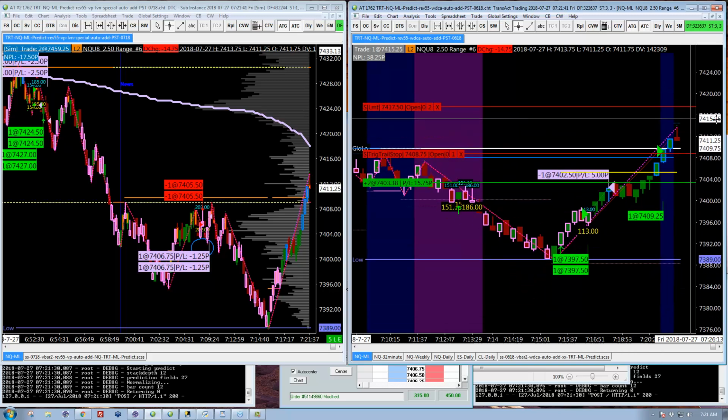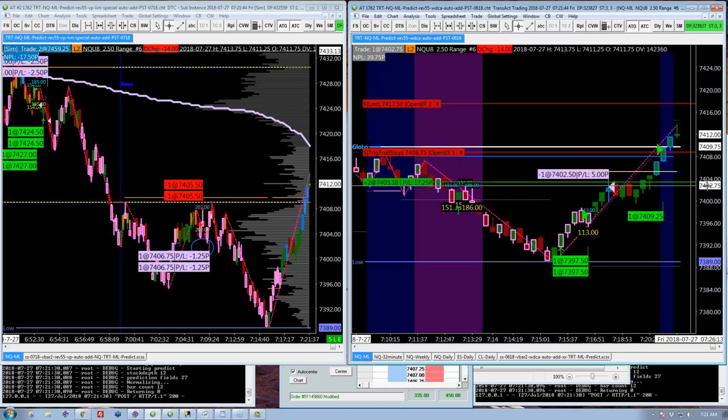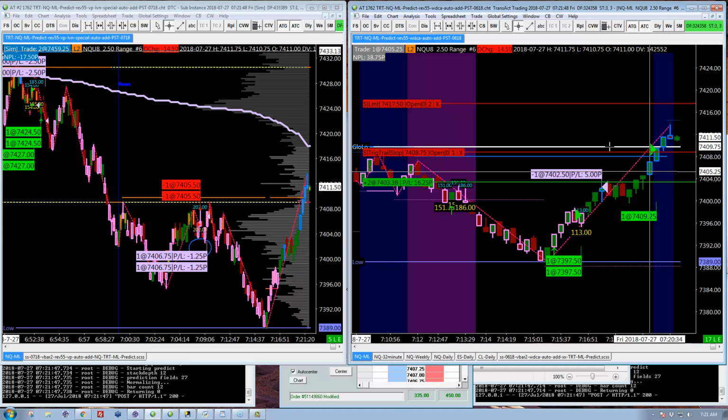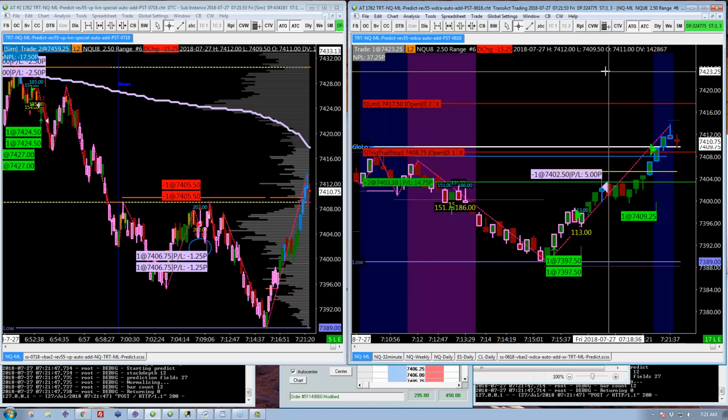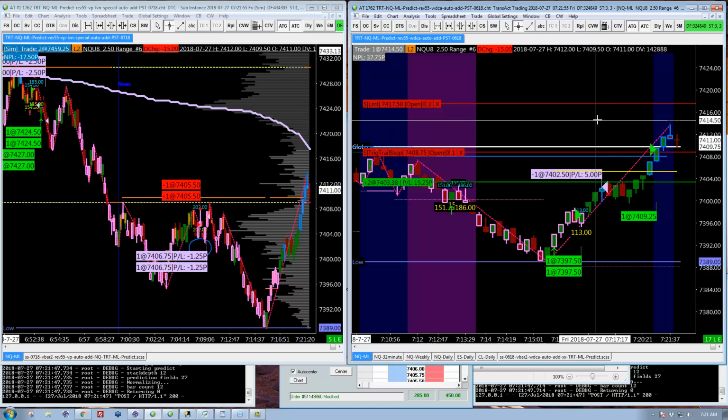And the target, this is interesting because the target doesn't actually move correctly on the first add. I want that target to move out to the new break even plus 80 ticks. And it doesn't do that, and it's too hard to get it to do it using the native functionality, so I just left it.